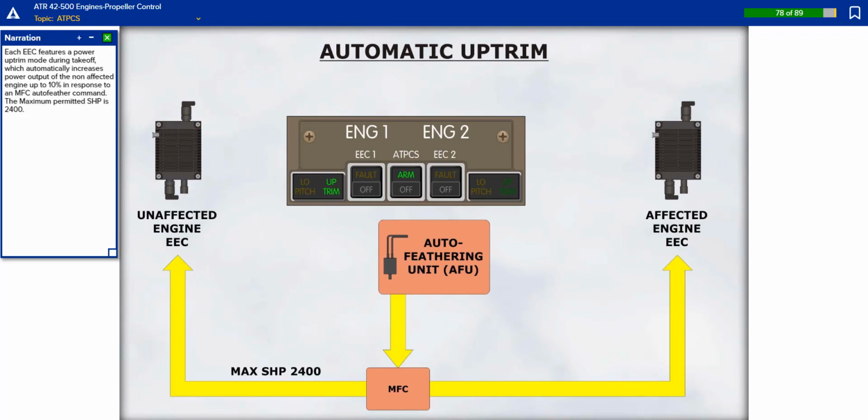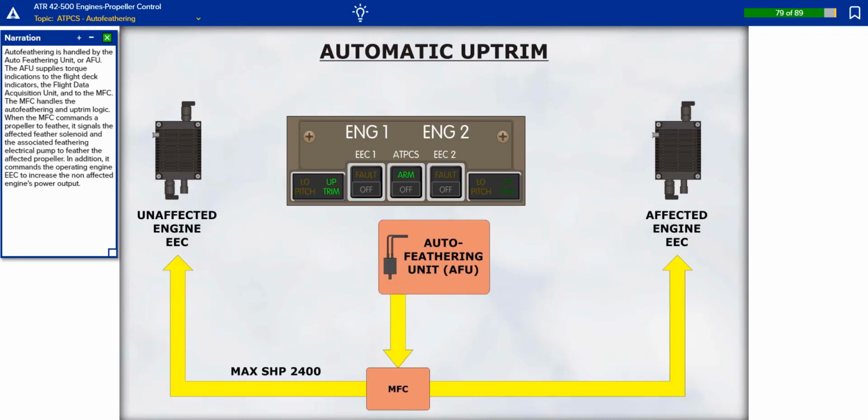Each EEC features a power up trim mode during takeoff, which automatically increases power output of the non-affected engine up to 10% in response to an MFC auto-feather command. The maximum permitted shaft horsepower is 2400.